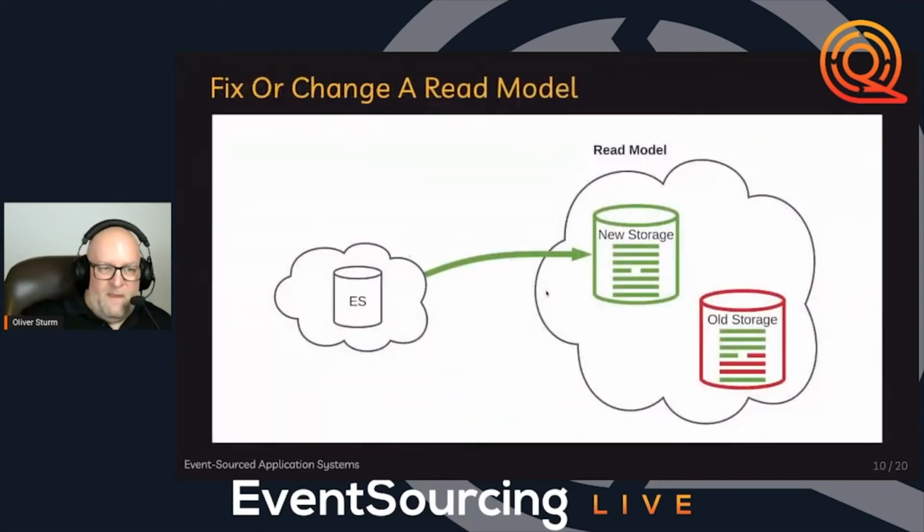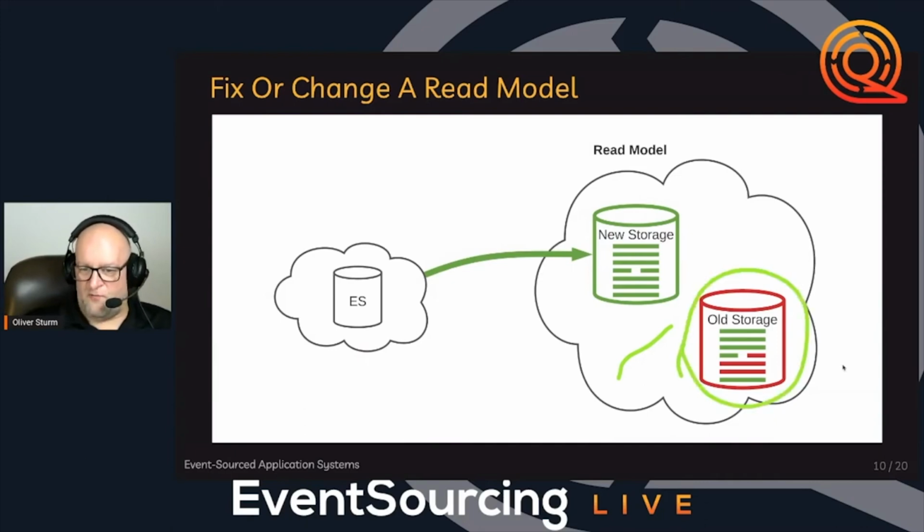Now, if an event model changes or needs to be fixed, which is technically more or less the same kind of thing, then of course the answer is to rebuild it. That's what is, perhaps hopefully, indicated by this entire scenario down here. We have this hypothetical old storage of the read model that contains some bits that require replacing.